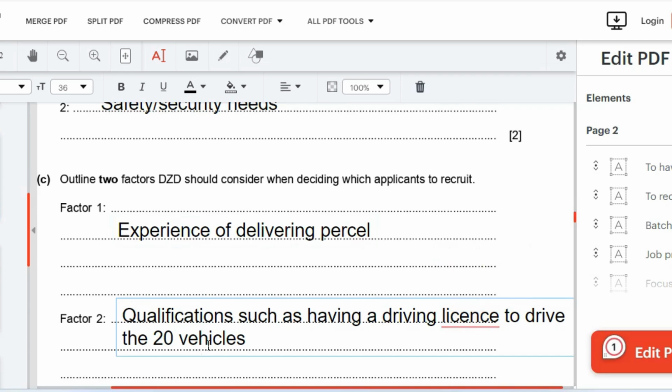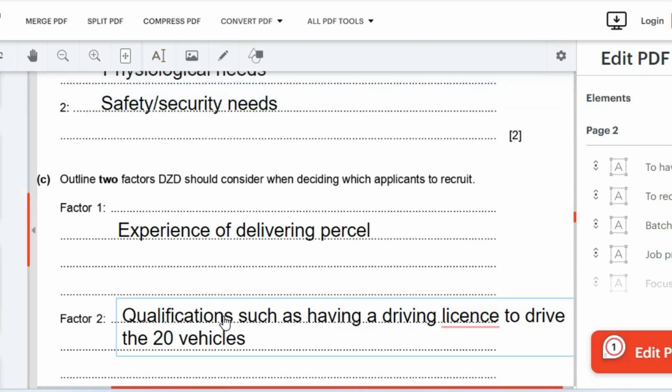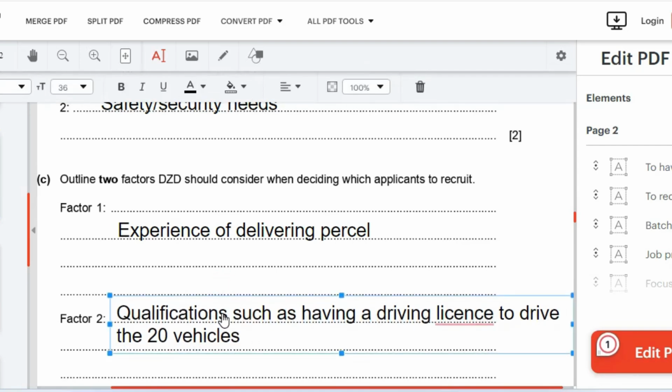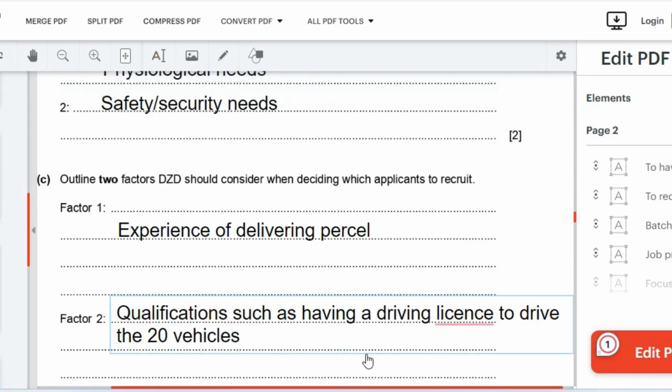Now, since we have mentioned the two factors that this ZG might consider when recruiting, there are also more factors to consider. We have the skill, such as good communication, their performance during the interview, their age, and the references.